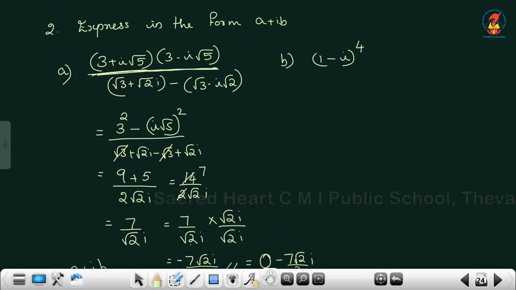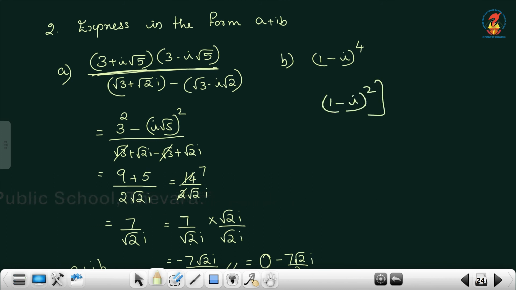Now question B, 1 minus i whole raised to 4. Whole raised to 4 we don't know how to expand, so we can write it as 1 minus i square raised to 2. Then 2 into 2 becomes 4. Then expand this. What is 1 minus i whole square? a square minus 2ab plus b square.